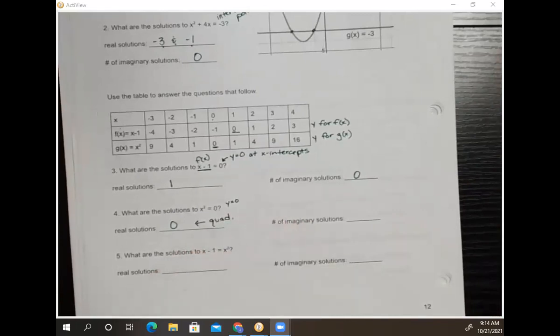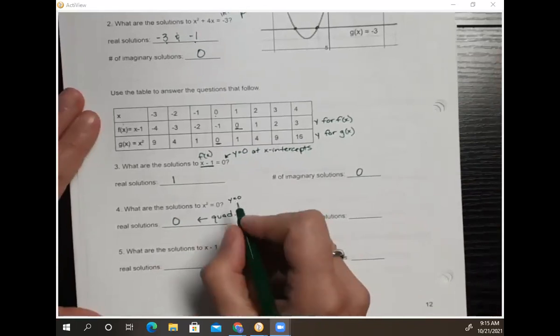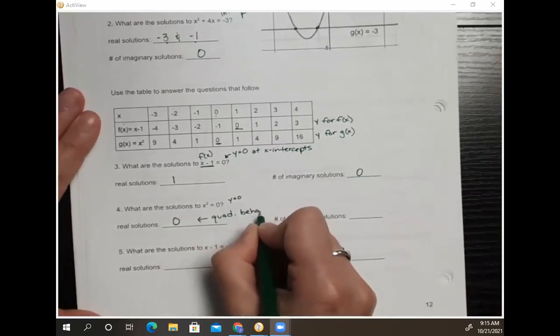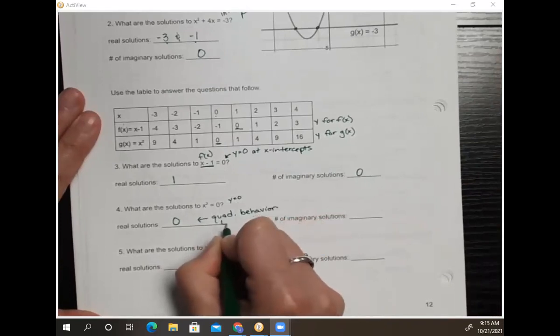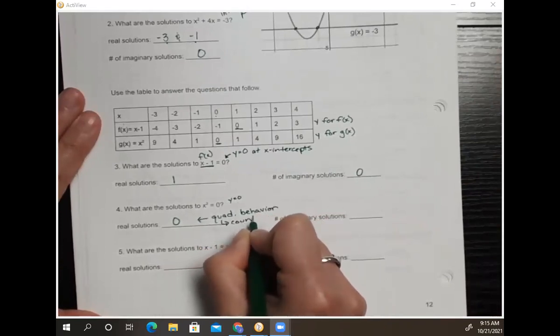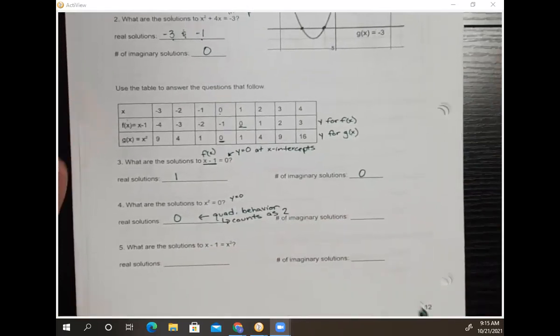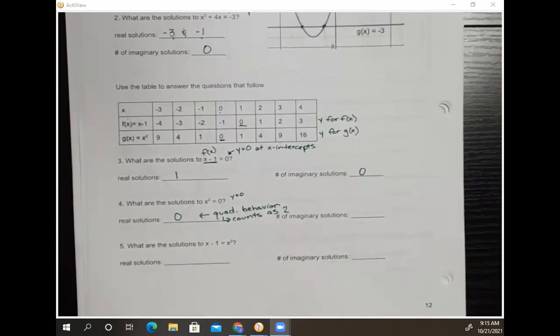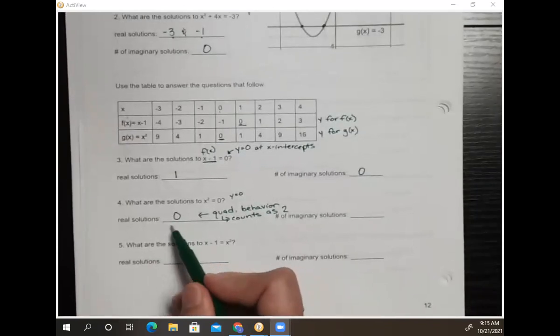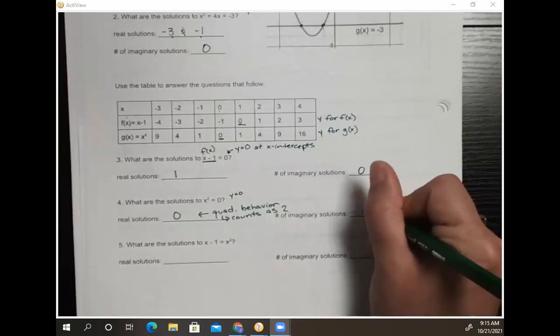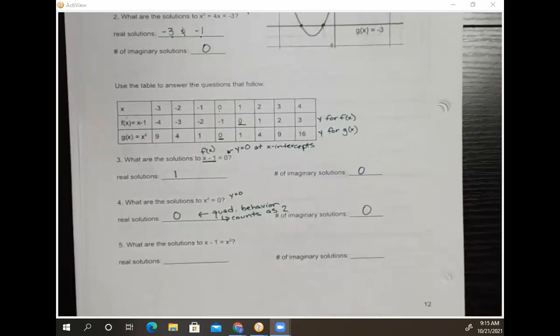So that's the only time when these get a little bit tricky, if I have quadratic or cubic behavior at that x-intercept. I have to pay close attention to how many that counts for, the multiplicity. So since I've got quadratic behavior there, this x-intercept actually counts for 2 solutions, which means I've got both of them here, and we have 0 imaginary solutions.